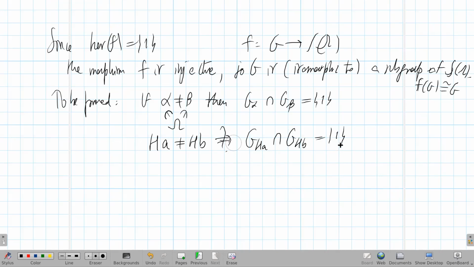But what's the stabilizer? Well, as we said, this is the conjugate of H through A intersect the conjugate of H through B, okay?